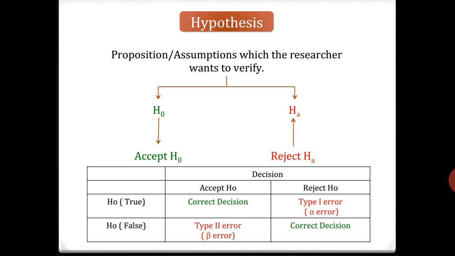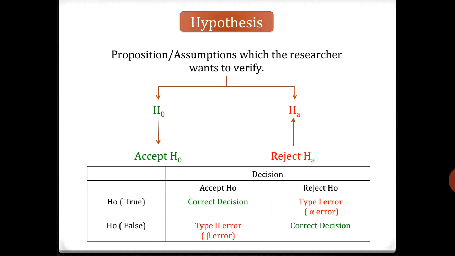This is considered in between two different types of errors, type 1 error and type 2 error. Now this table shows that when the null hypothesis is true, we should accept the null hypothesis. If we are accepting it, then it is the correct decision. If the null hypothesis is true but we are rejecting it, then that error is called a type 1 error.